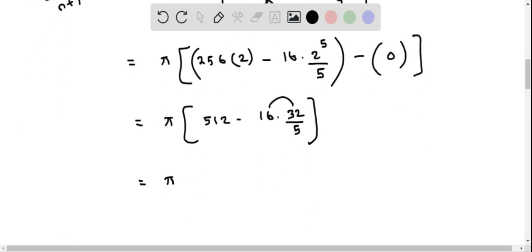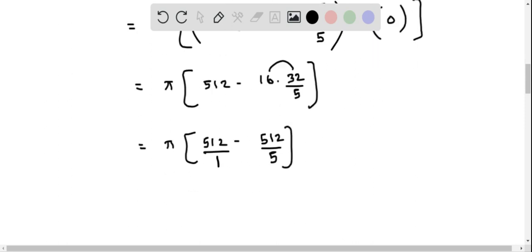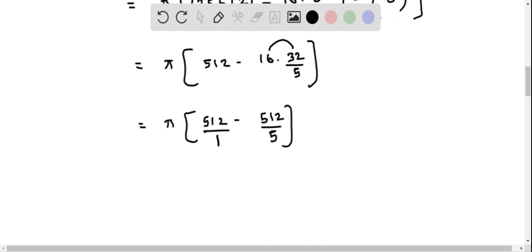So this becomes pi times 512 minus 512 divided by 5. We can simplify this fraction. This one is 512 over 5 over 1, and so this equals, we multiply and divide by the common denominator. So I can write this as 5 times 512 divided by 5 minus 1 times 512 divided by 5.